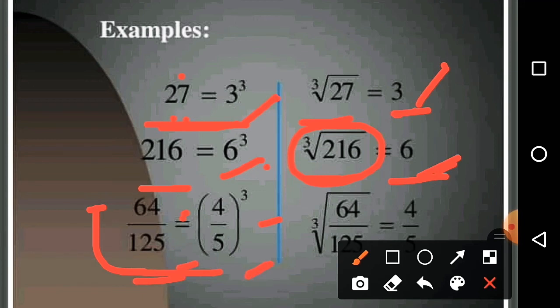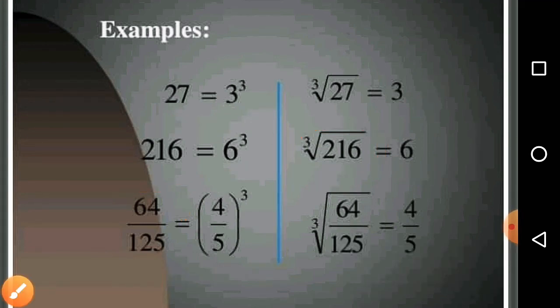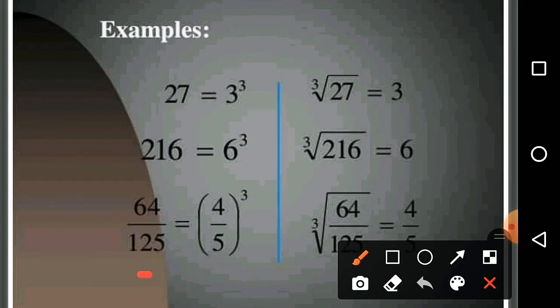So 64 upon 125 can be written as 4 upon 5 the whole cube. Okay, so if it is given in fraction form, the numerator and the denominator both are perfect cubes. 64 perfect cube है, yes. 4 को 3 times करेंगे तो 64 आएगा. 125 perfect cube है, yes. 5 को 3 times multiply करेंगे, so we will get 125.